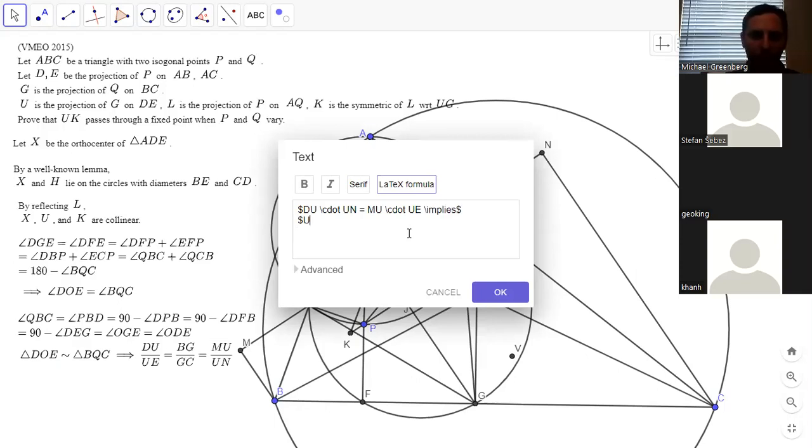That means that U lies on the radical axis of the circles with diameters BE and CD. And that means that X, U, and H are collinear.